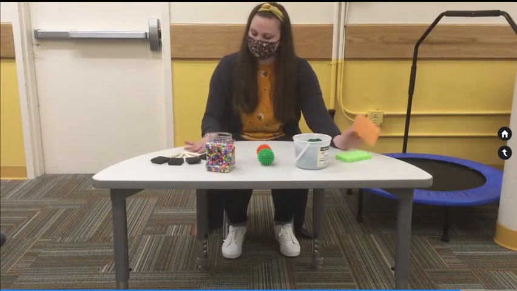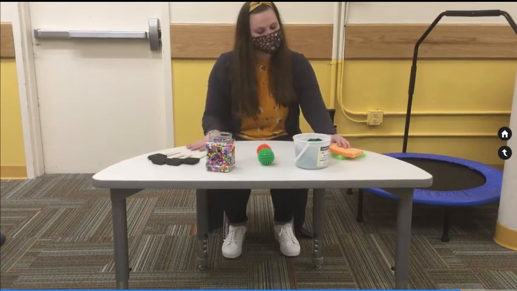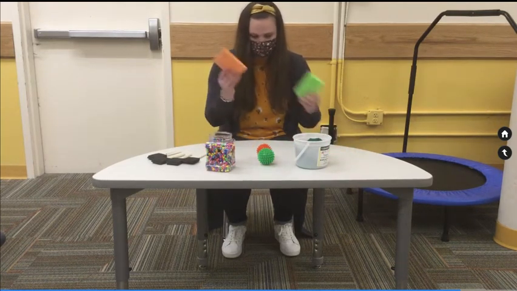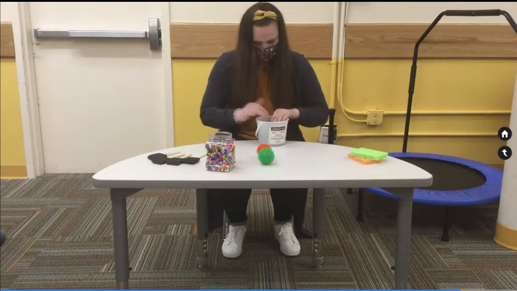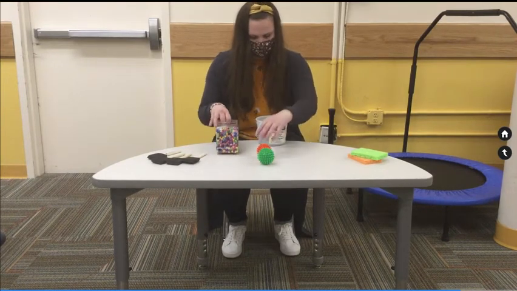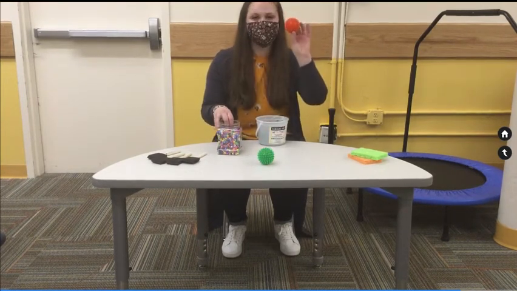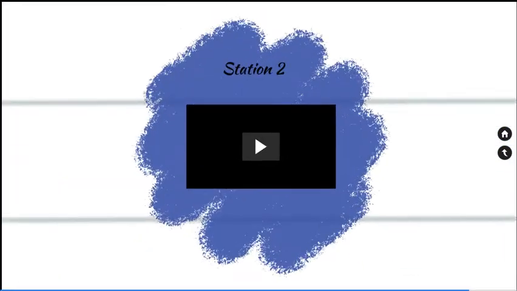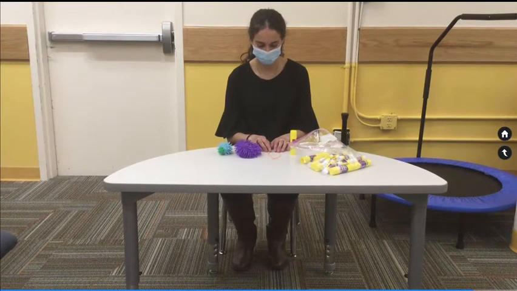Here is station 1 of our sensory stations. It contains rough, soft, wet, and dry items, such as sponges, Play-Doh, beads, and spiky balls. Here is station 2.